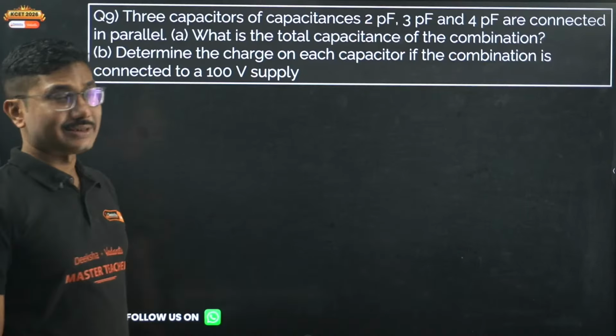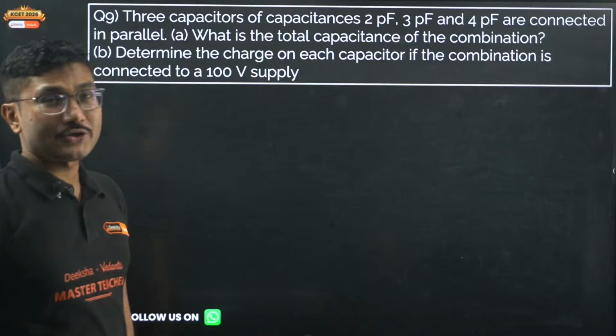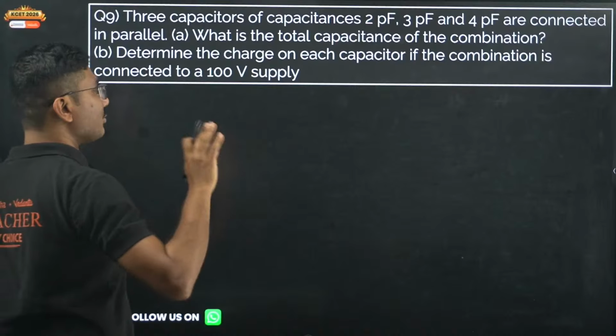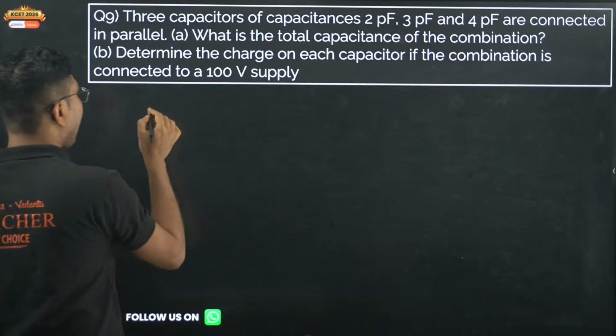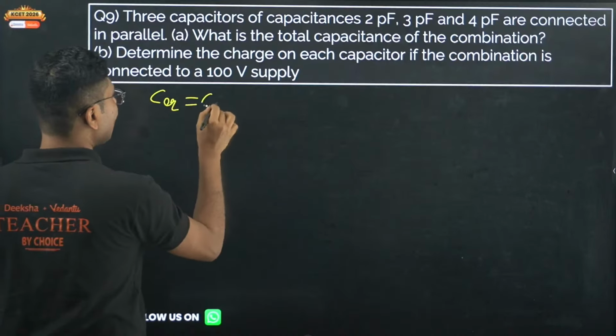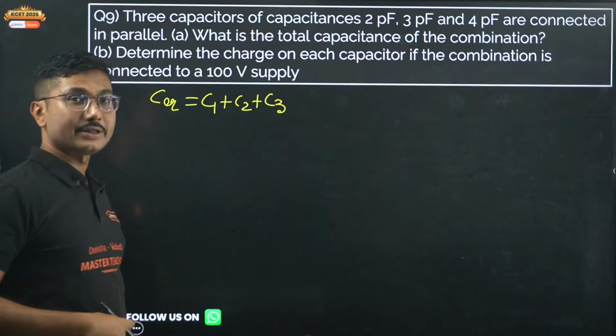So 3 capacitors are here, connected in a parallel combination. Parallel combination is easy, this can be asked in series combination as well, so be prepared for that. In parallel combination, the equivalent capacitance is C1 plus C2 plus C3. Remember, it is a capacitor, not resistance.